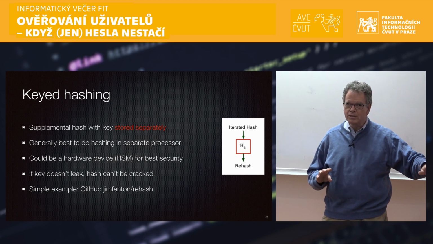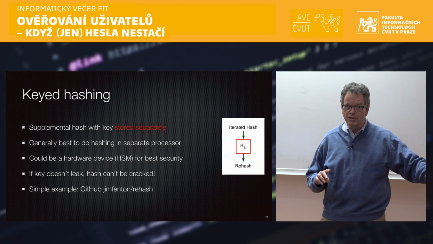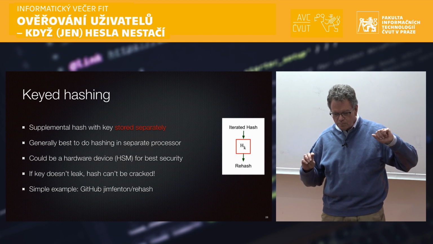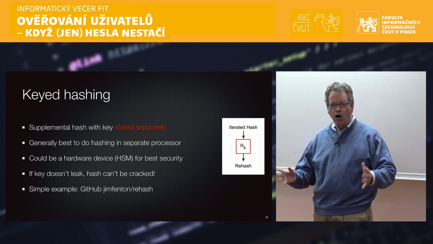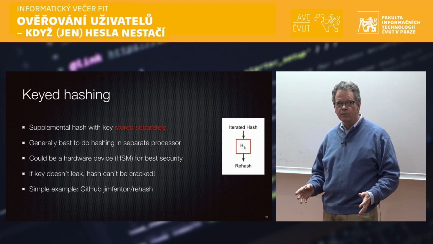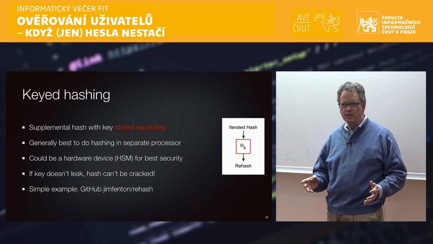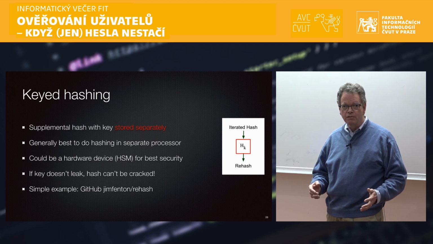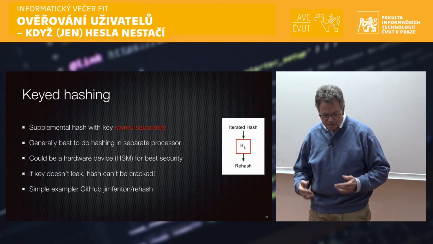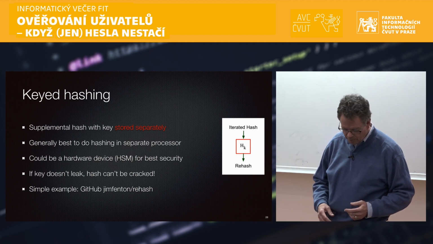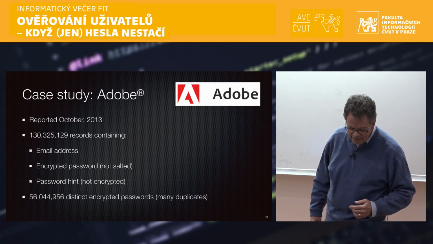As long as the secret key doesn't leak, and it's pretty well protected because it's in a separate processor, the hashes are then not at all useful to somebody trying to crack the passwords. So it's a relatively inexpensive but very effective way to defeat password hashing attacks. I've got a little bit of code out on GitHub that shows how simple it is to do that.